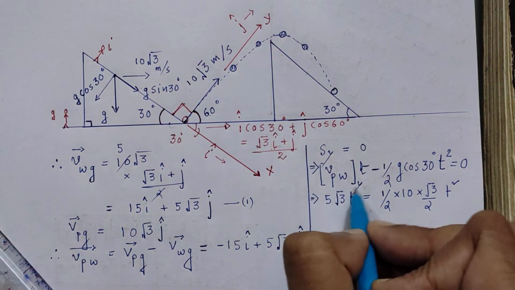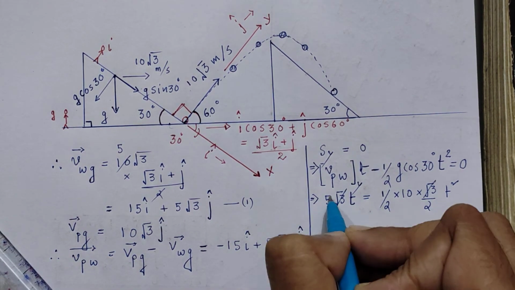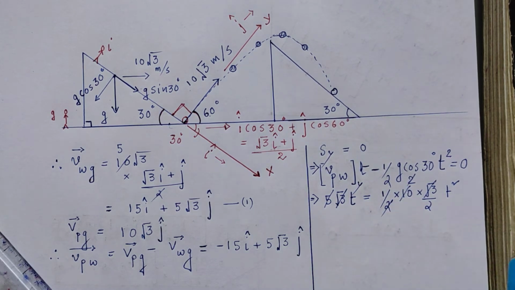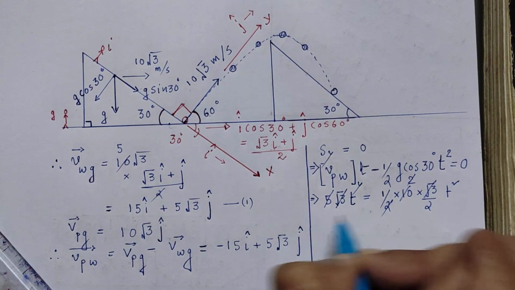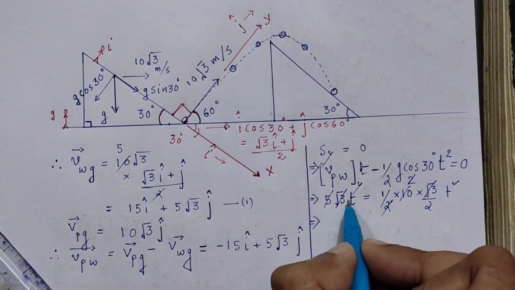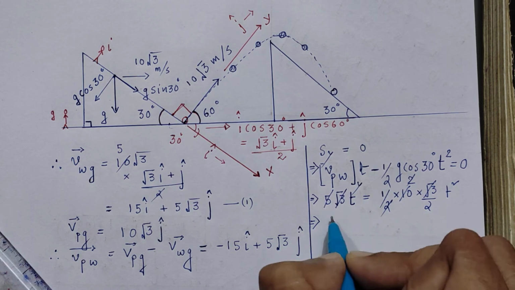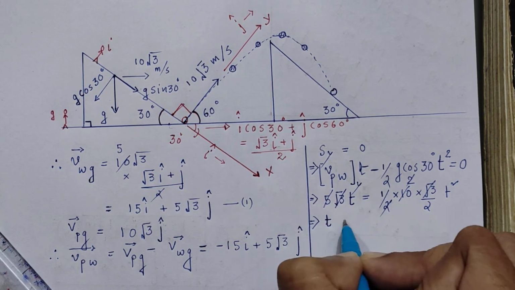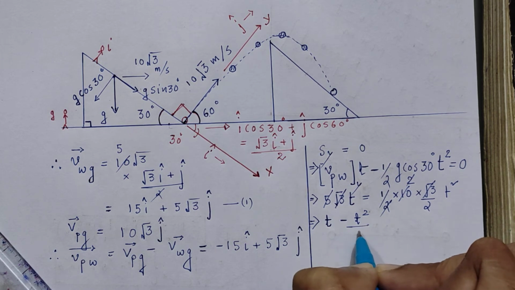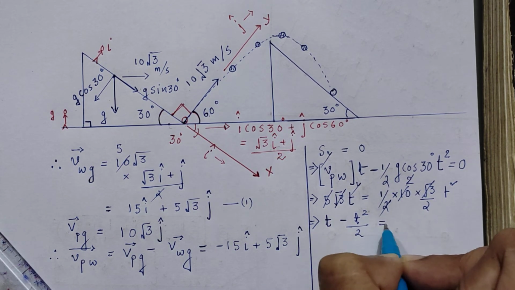So what we can say, root 3 cancels, 5 and 2s cancel, and here also we can take t common. So basically what we are getting is t minus t square by 2 is equal to 0.